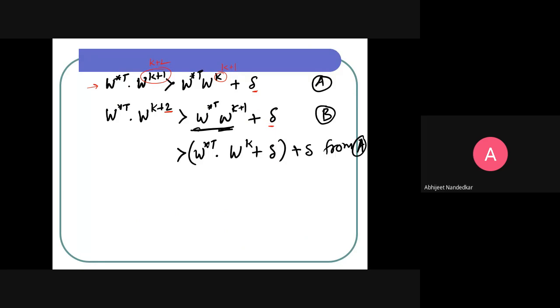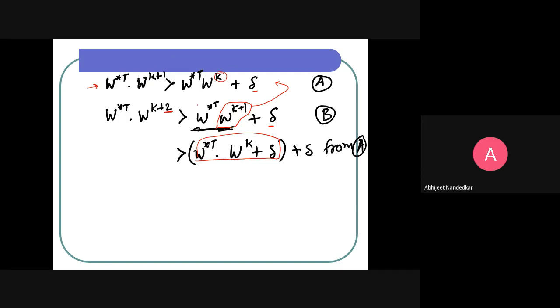Now what I can do is replace this term using equation A. So this W star transpose multiplied by Wk plus 1, I am replacing with the help of the previous equation. So you can see here I am writing W star transpose Wk plus delta.